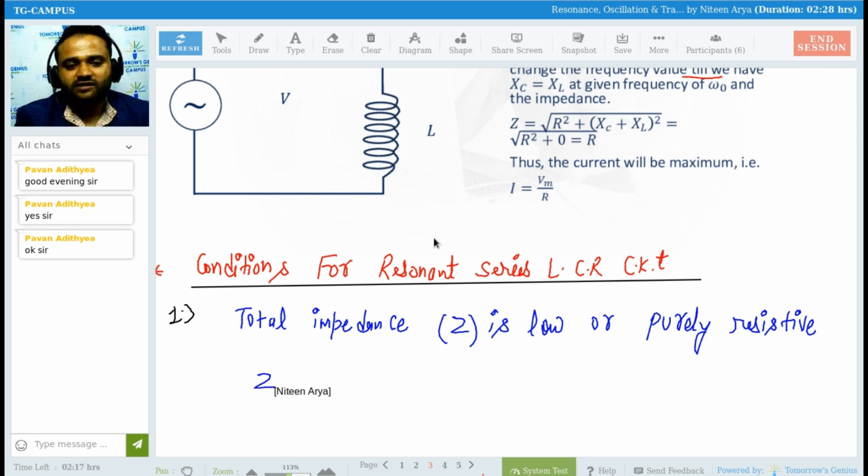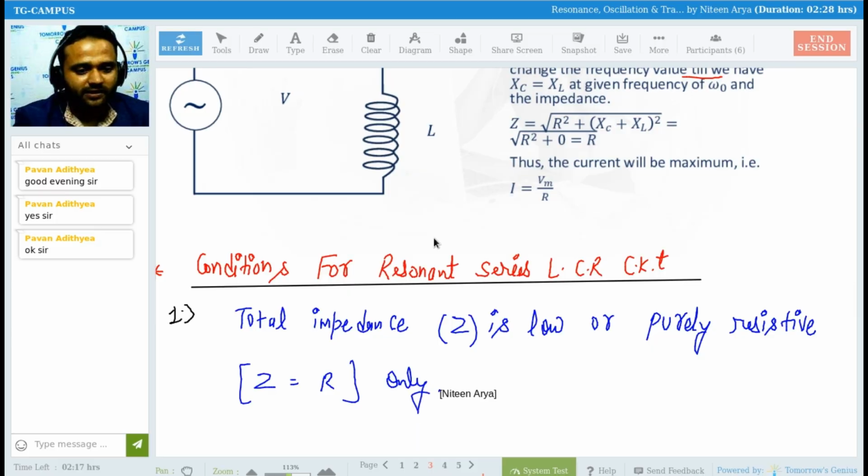What is the meaning of saying that? Z equals R only. So this is your first condition.